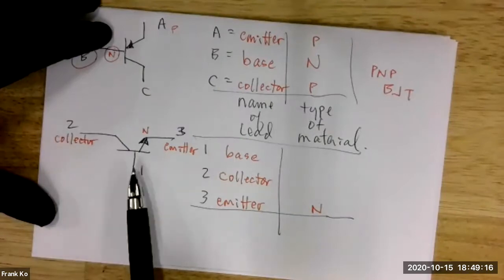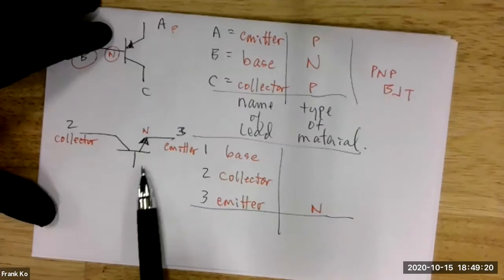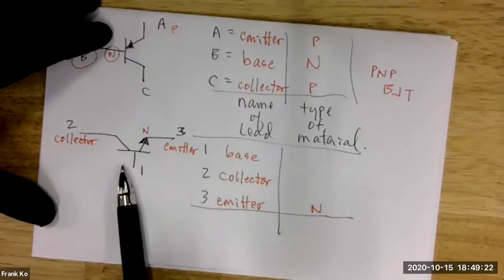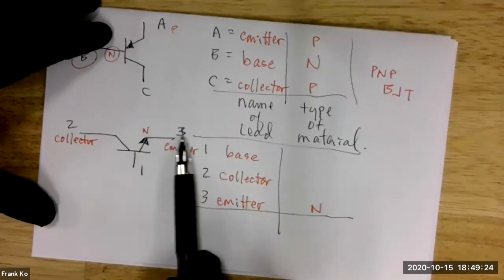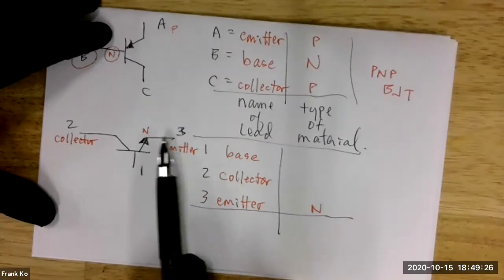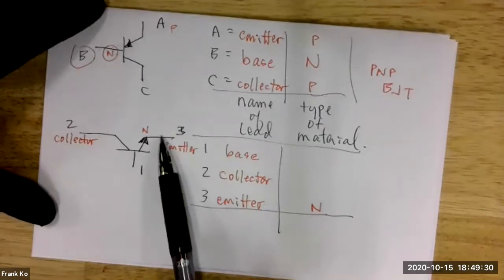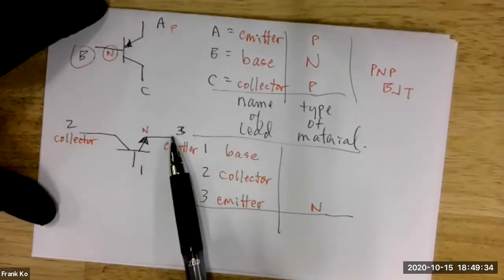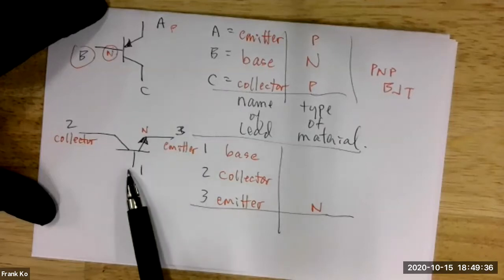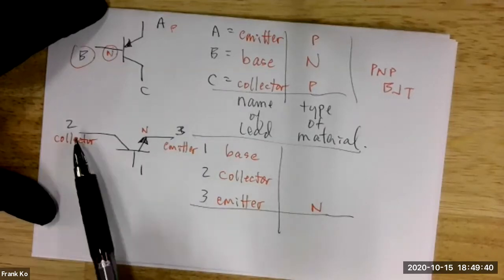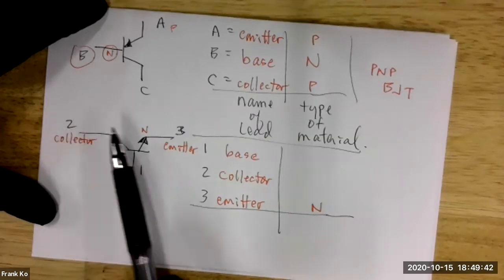Because you agree, number 1 is the base. We have no disagreement, number 1 is the base. You've already defined number 3 as being the emitter because the arrow points and the arrow's in the emitter lead. Isn't the emitter one of your outside leads? So if this is one of your outside leads, then your base must be the opposite material, which means your collector must be the same as the emitter.